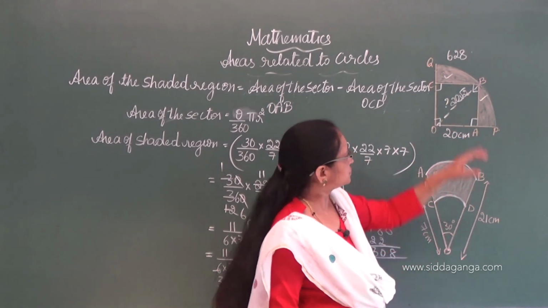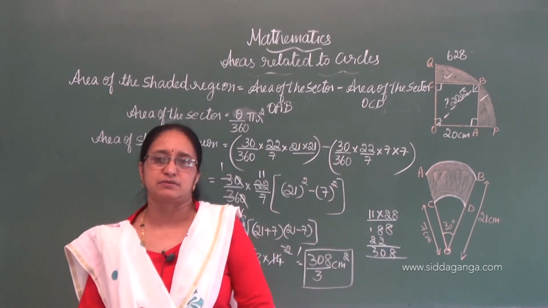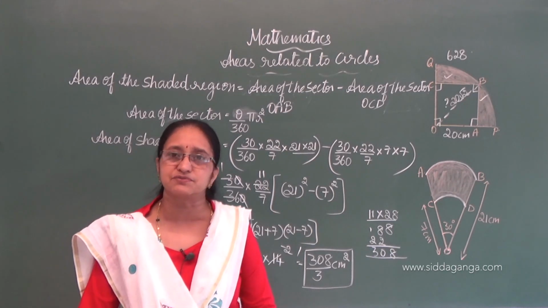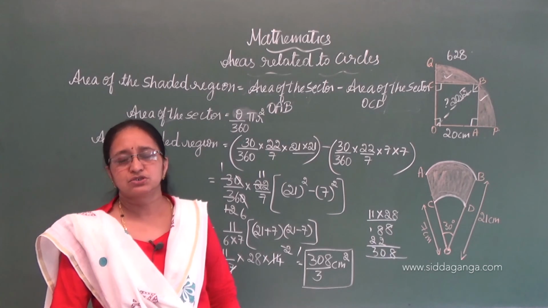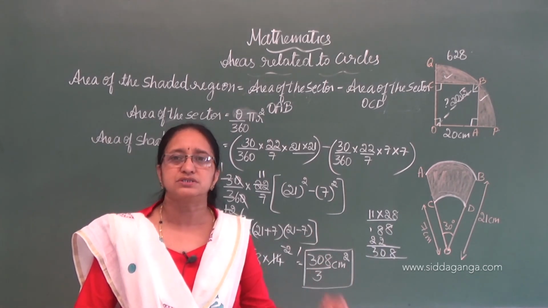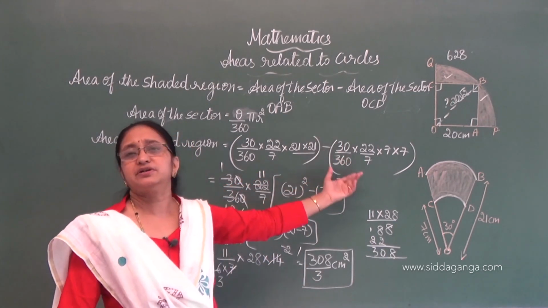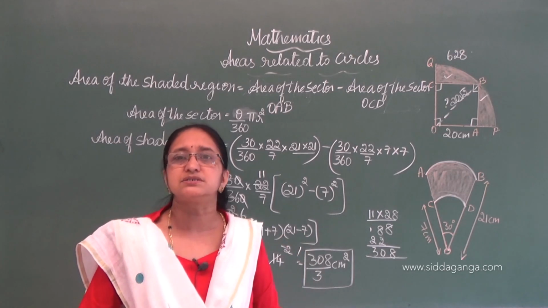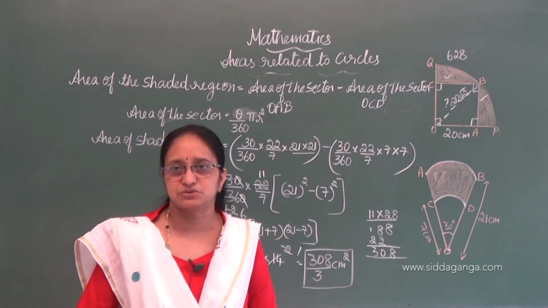This sum is very simple, and we can expect different types of diagrams in the exams. So please practice and be thorough with the concept. You can attempt any type of problem in this. Once you know the concept, it is very easy. You may get a different type of diagram in this chapter, so you should go through the examples also.